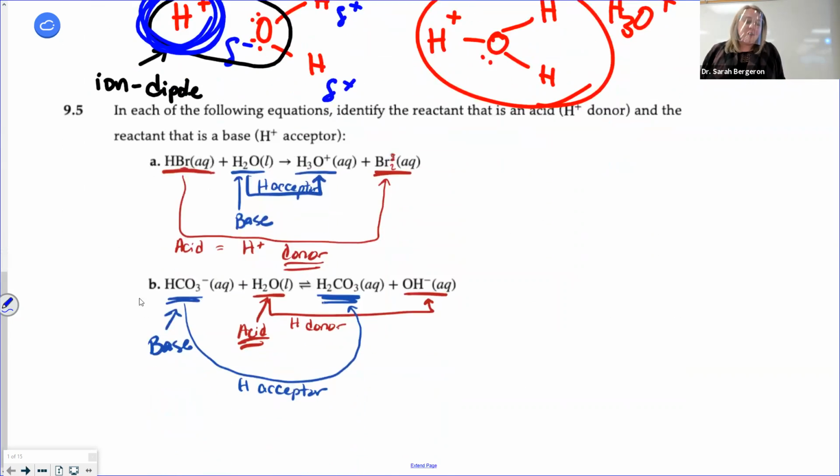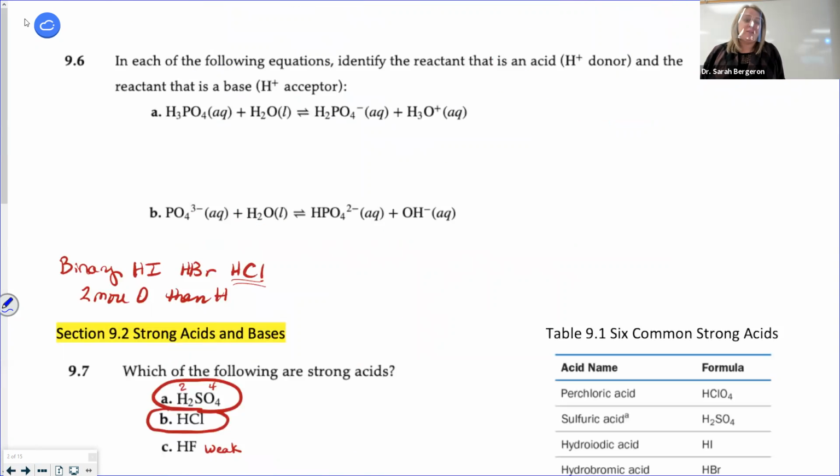All right, so let's look at some reactions where we put acids and bases in water and see what happens to them. Okay. So in each of the equations, we have to identify the reactant that is an acid and the reactant that is a base. So we know that our acids donate hydrogen ions, and we know that our bases accept hydrogen ions.